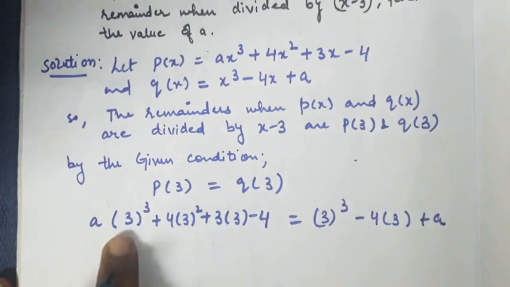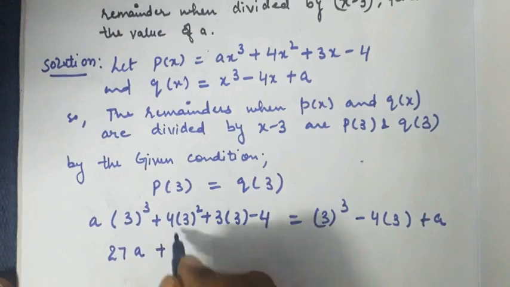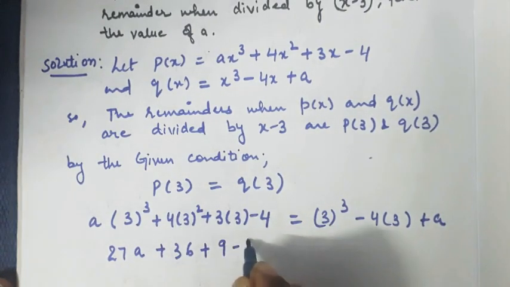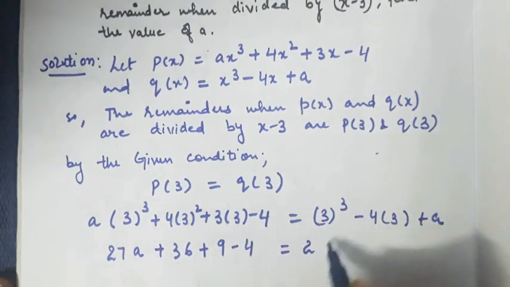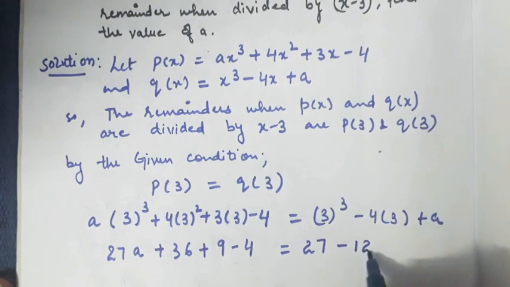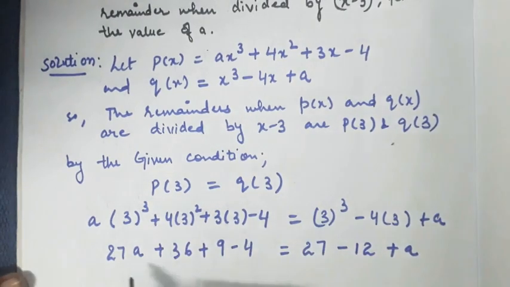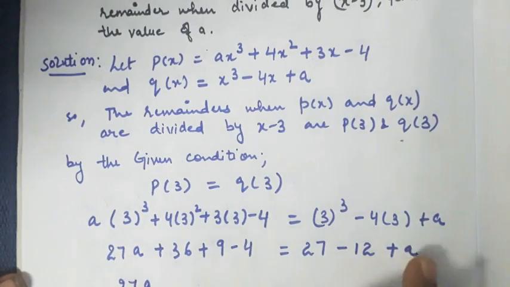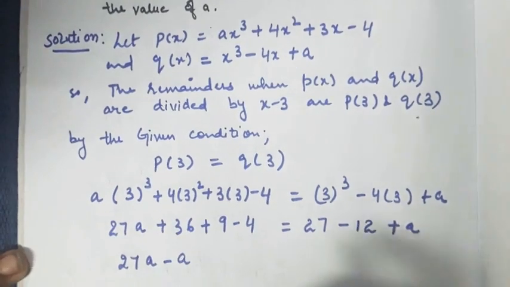So you can solve it. 3 cube is 27a plus 4 times 9 is 36, plus 9 minus 4. Sorry, 3 cube is 27, minus 12 plus a. Okay, you can solve it to get the answer. See, 27a minus a, I can transpose this a to this side.